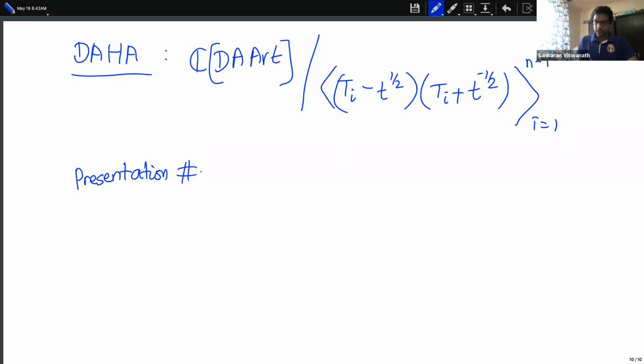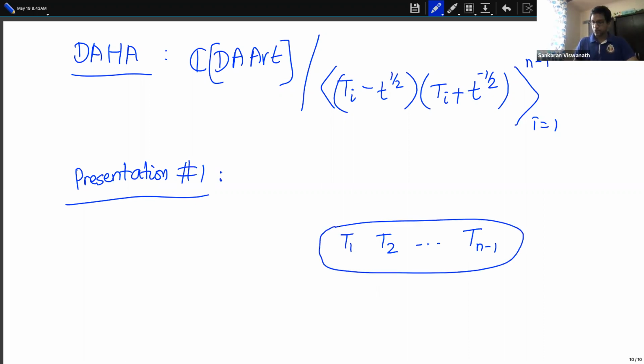Let's say the first presentation of the DAHA corresponds to the presentation of the DAAG that we just talked about. So I've got T1 through Tn minus 1, there's a G check, there's a G, there's a Q. So same as the DAAG, except there is some sort of collapsing here.